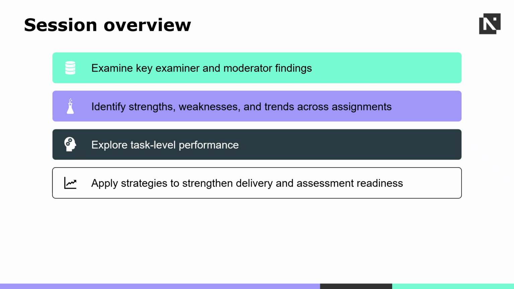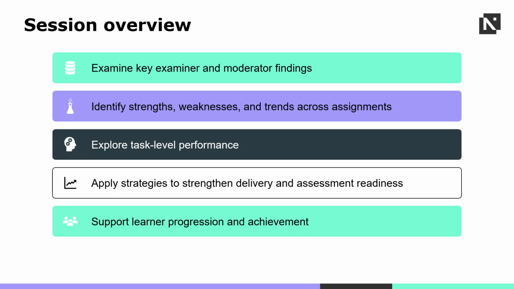We'll then apply this insight to explore teaching and learning strategies that can strengthen delivery and ensure learners are assessment ready. And finally, we'll consider how all of this supports learner progression and achievement, making sure our teaching not only prepares students for assessment, but also equips them with the skills and confidence needed for their future roles in healthcare science.